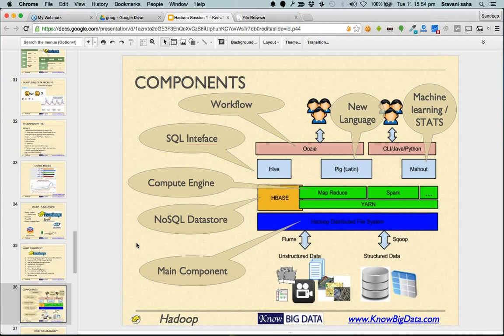NoSQL databases call a table by different names. For example, MongoDB calls a table a collection, and HBase calls a table a table. Cassandra calls it a table only.